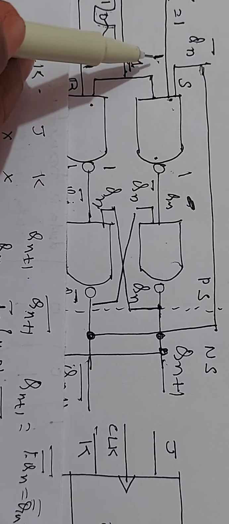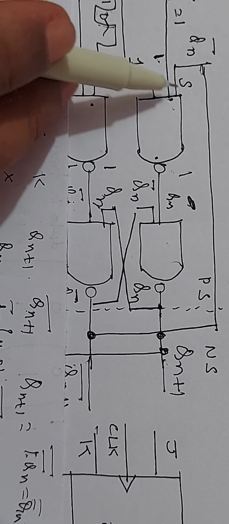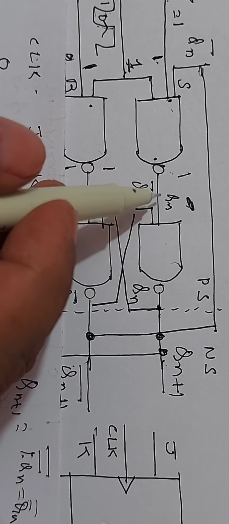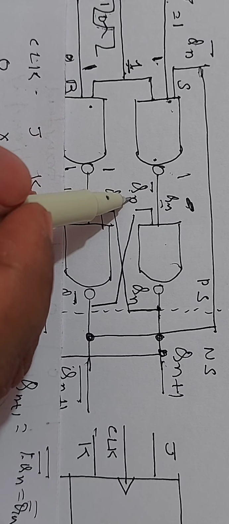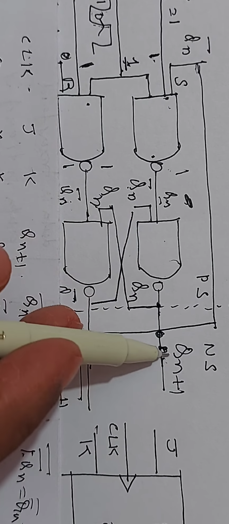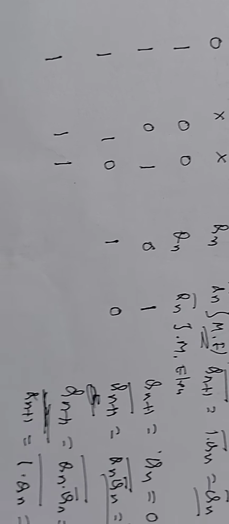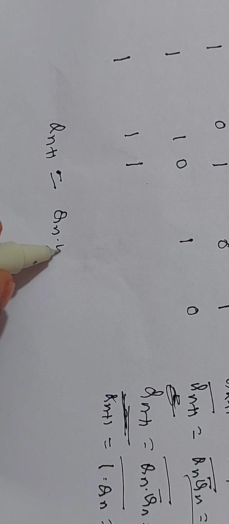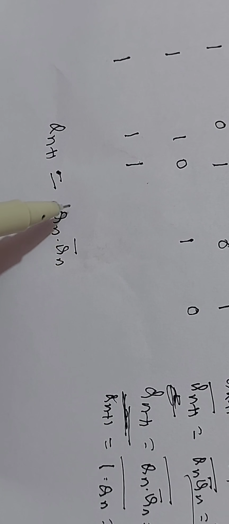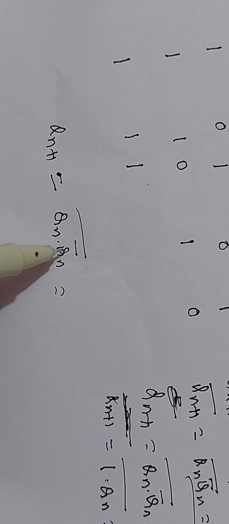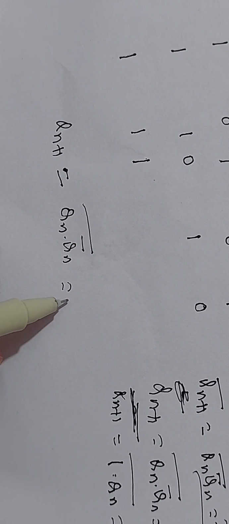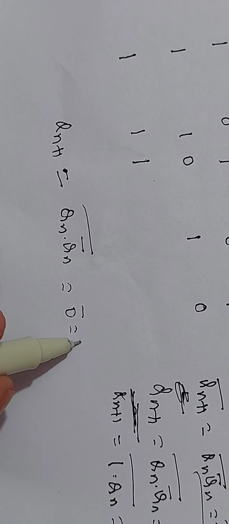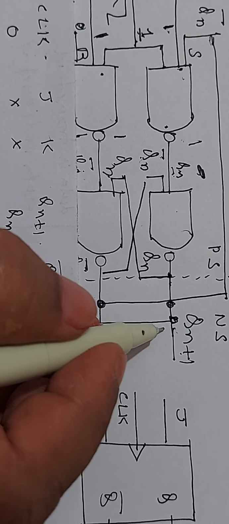So this is 1 into Qn bar is Qn bar. Complementary is Qn. Therefore, one is Qn, another is Qn bar. So output Qn plus 1 is Qn into Qn bar whole bar. We know that Qn into Qn bar whole bar is 0 bar, which is equal to 1. Thus, we get Qn plus 1 as 1.